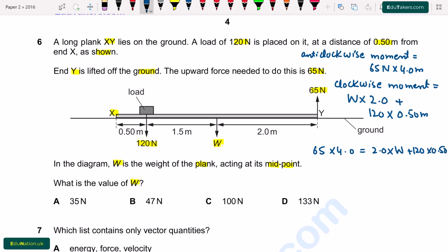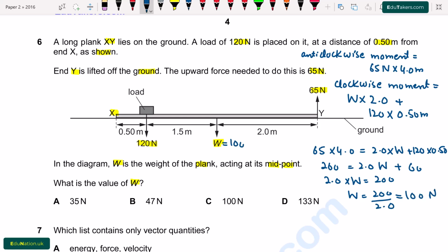And this will be equal to 260 = 2.0 weight plus 60. Then 2.0 multiplied by weight will be equal to 200. And weight will be equal to 200 divided by 2.0, which is equal to 100. Unit is Newton. It means that this weight is equal to 100 Newton.